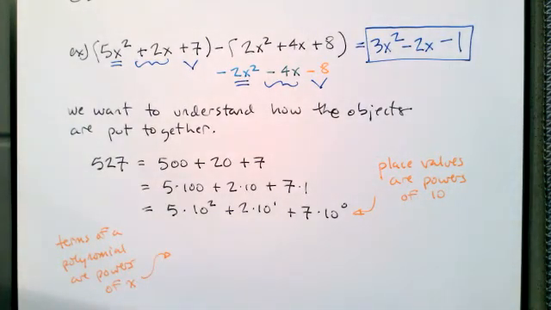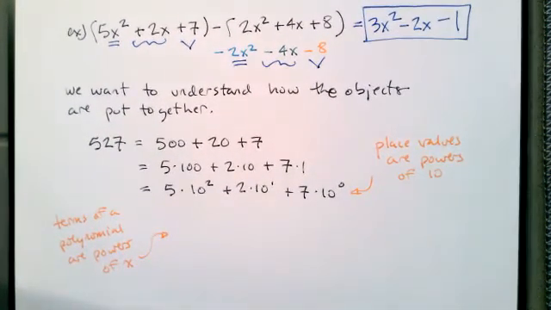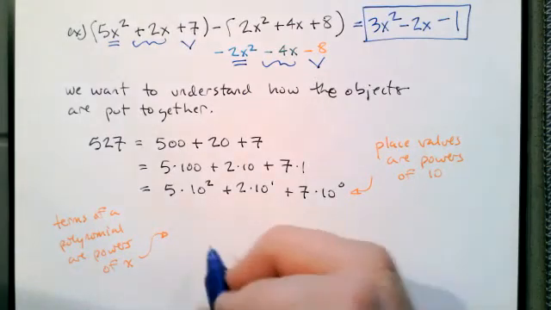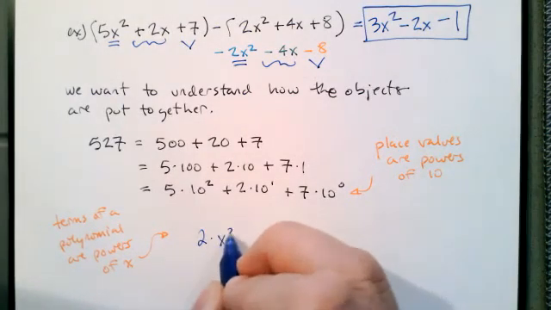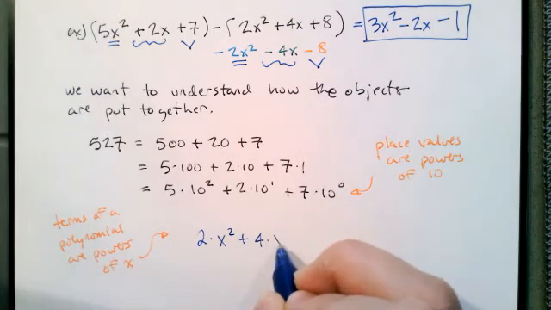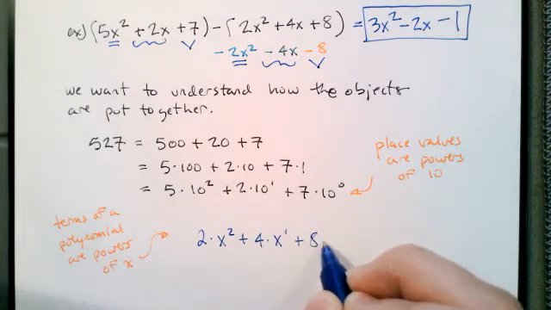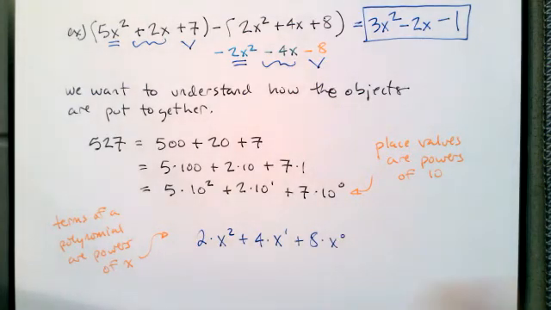So if I look at 2x squared plus 4x plus 8, powers of x. We usually don't write x to the 0. We just leave that off because x to the 0 is equal to 1. And we usually don't write x to the 1, we just write x.